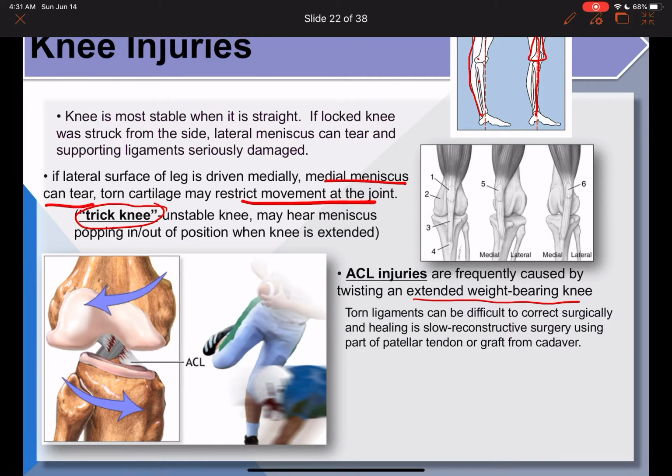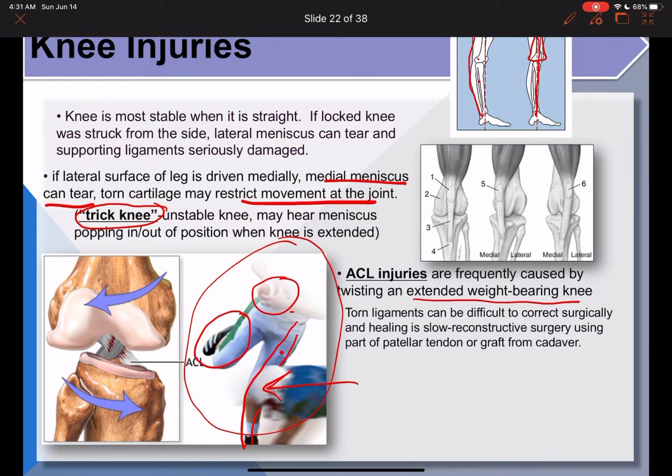Now, this is an example of how you can end up with ACL injuries. For example, in football, everybody is very strong. So he is holding the football while bearing weight, trying to run. One of his legs is up, and all his weight is borne on the other leg, and someone knocks him over with the helmet, with the head, right into the knee.